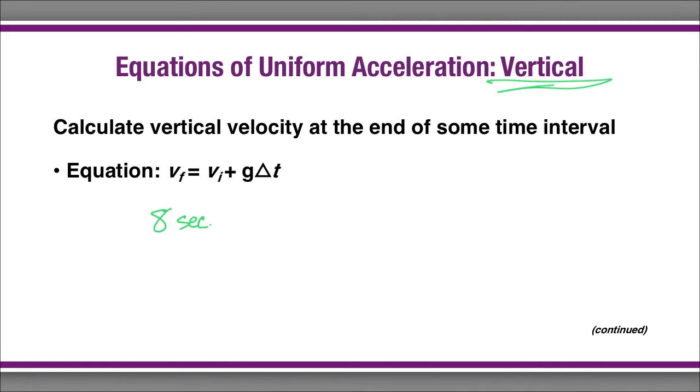And I want to know what the velocity is at 6 seconds. Okay, so what you're going to do using this formula is your final velocity, or at 6 seconds, is going to equal your initial velocity, which should be 0, plus negative 9.81, okay, times your change in time, which would be 6. So in this case, you would solve for the final velocity. So that is an example of when you would potentially use that equation.